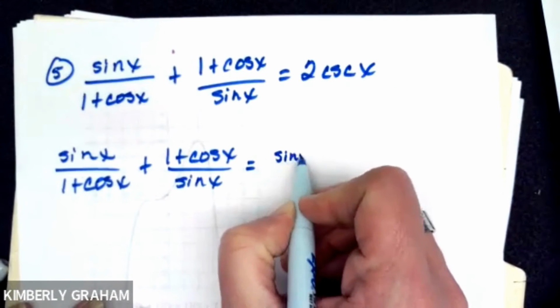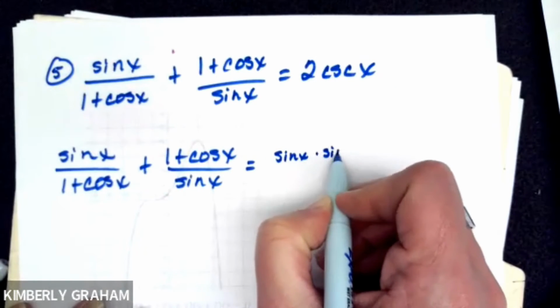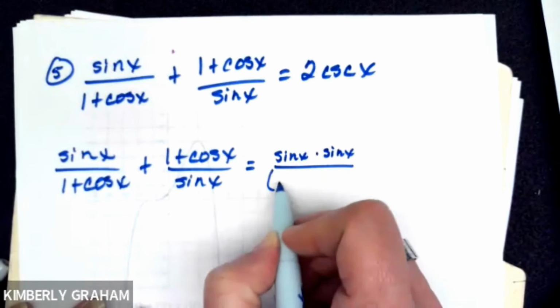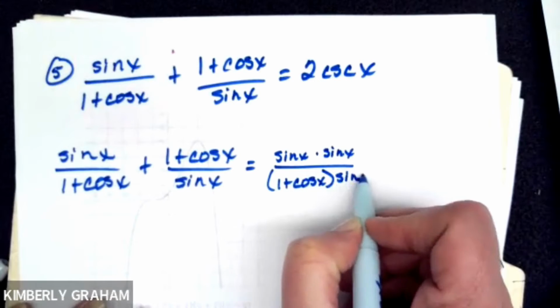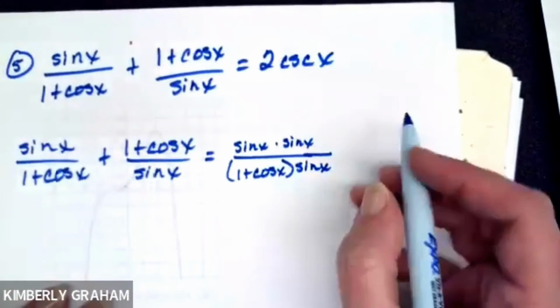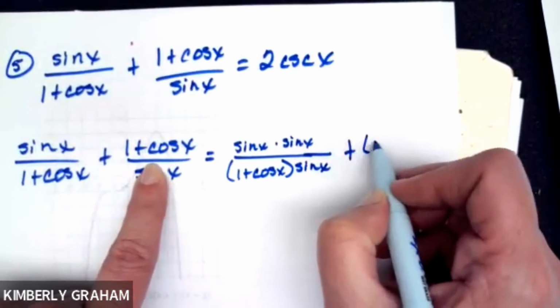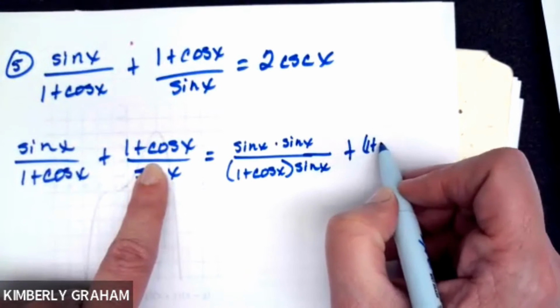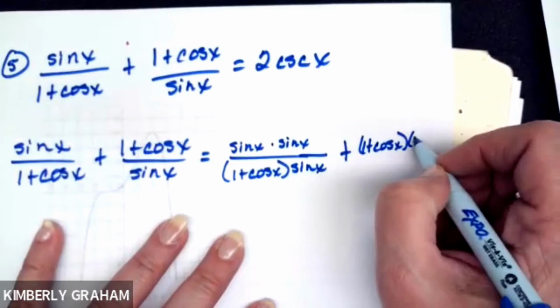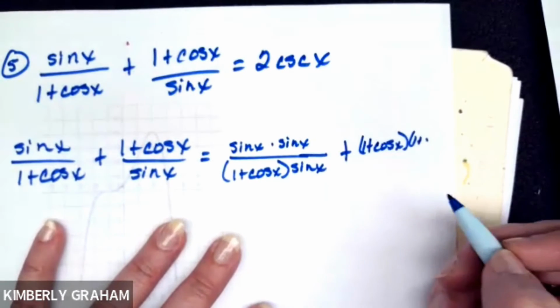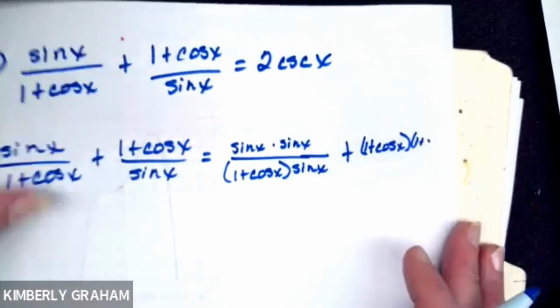So I have sine x times sine x over 1 plus cosine x times sine x. That's my first fraction. You know what? I'm going to rewrite this because I wrote too big and I cannot fit it all on the same paper.